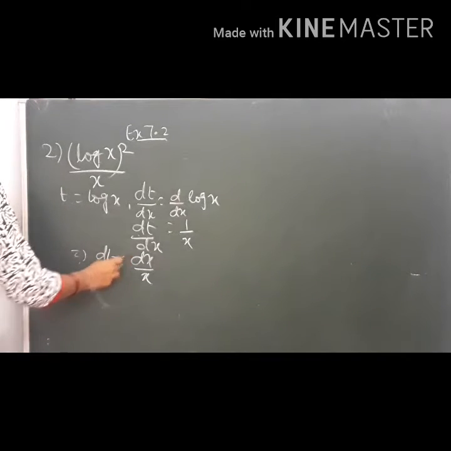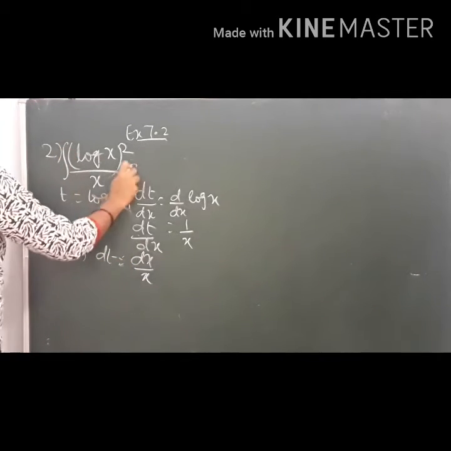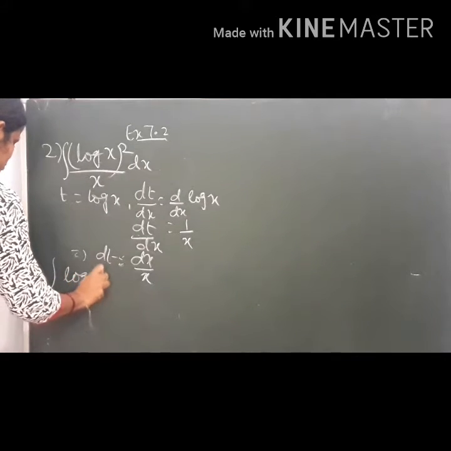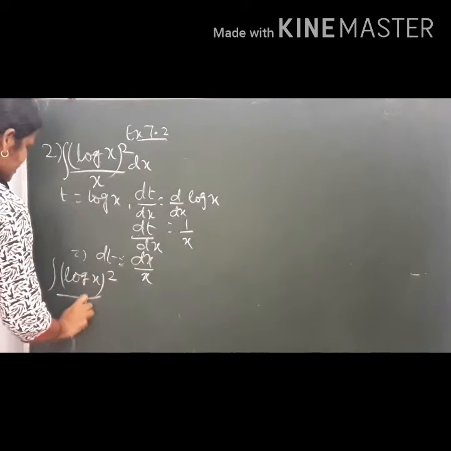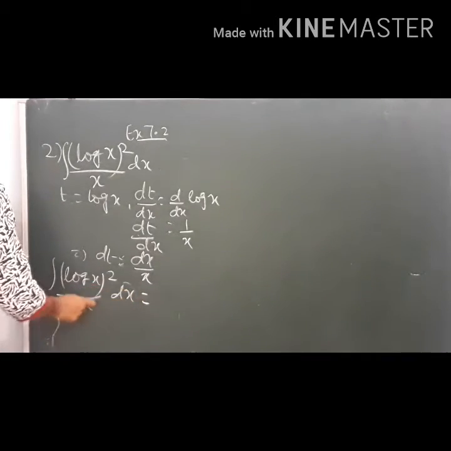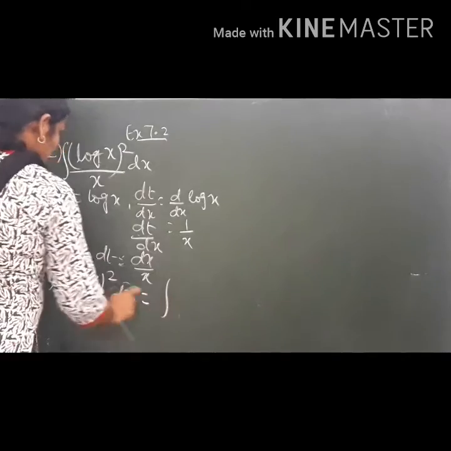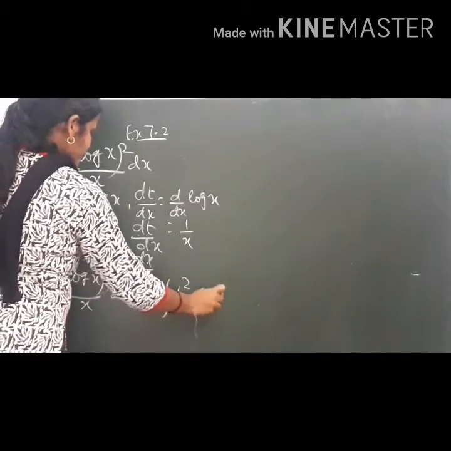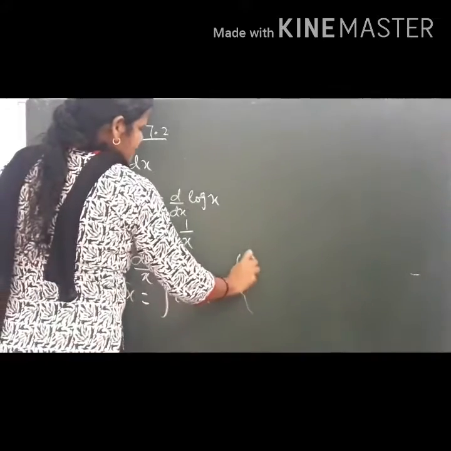So this question will become like this. With respect to dx, the question becomes log x whole square upon x into dx. Dx upon x, in place of this we can put dt, and log x we can put t. It becomes t square into dt. What is the integration formula of x to the power n dx?